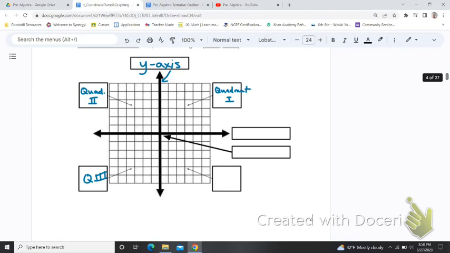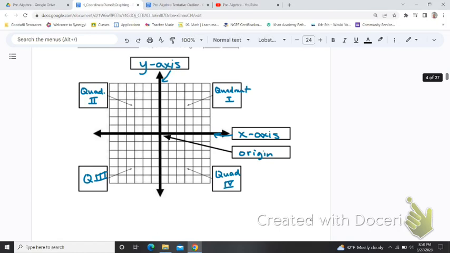Of course, for each one of these, it's not just this one specific place, it's anything in this entire section would be considered quadrant 4. Right in the middle, as we just talked about, is the origin, and this axis is the x-axis.